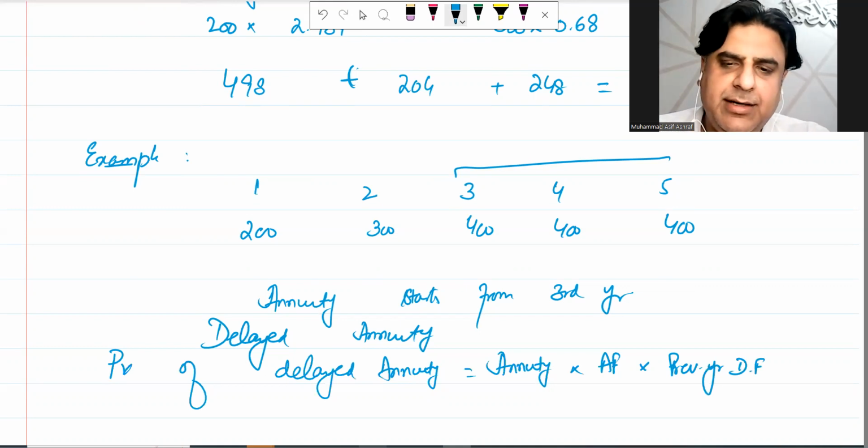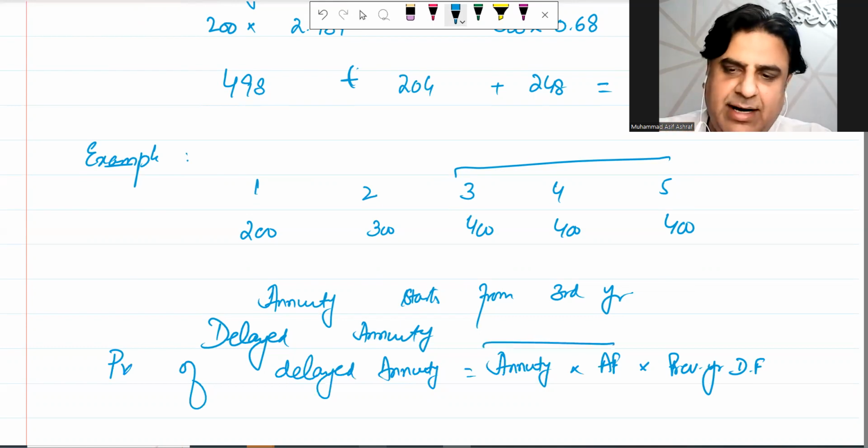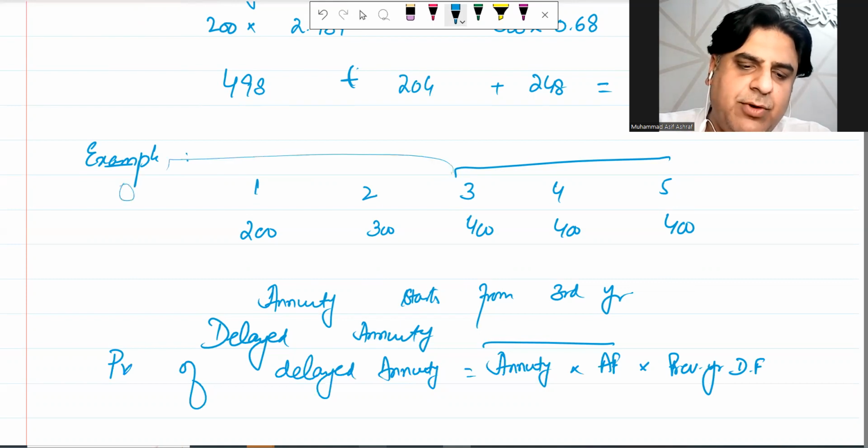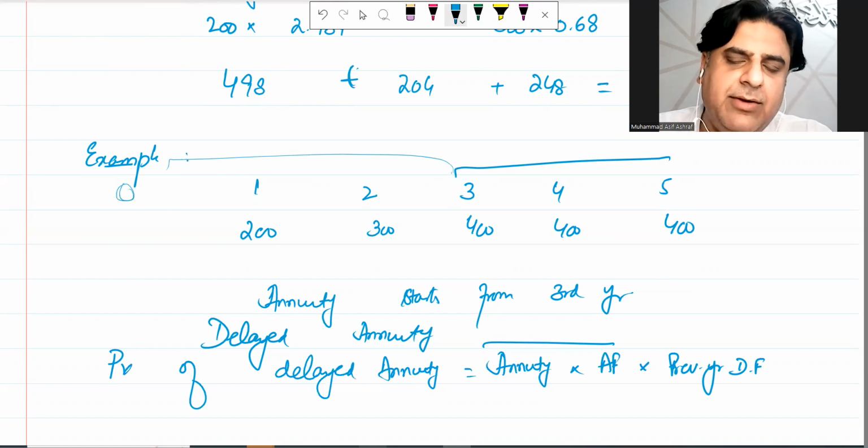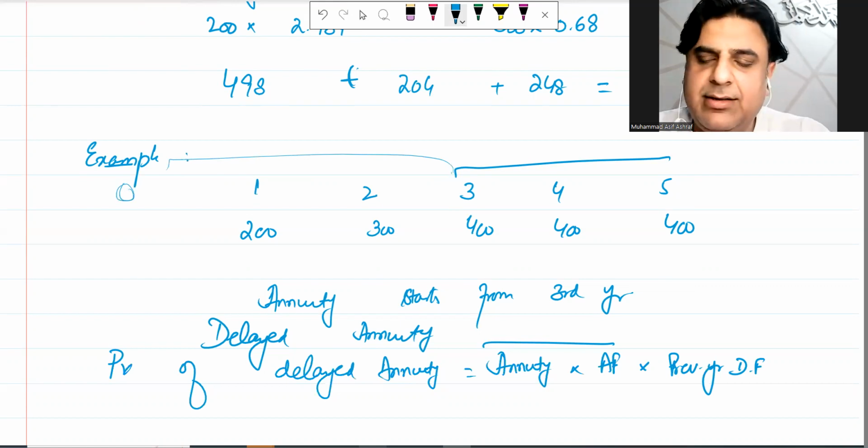Because here the annuity starts from year 3. When you multiply the annuity with the annuity factor, this will be the present value in year 3. Now you have to move it to year 0 because you have to find its present value. So you have to multiply it with the previous year's discount factor.